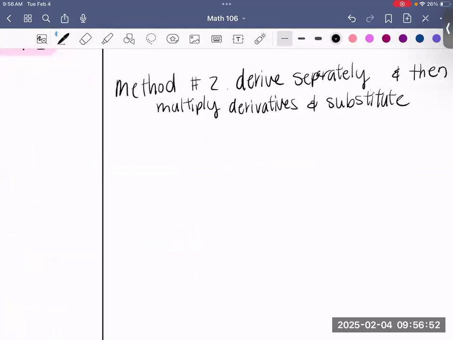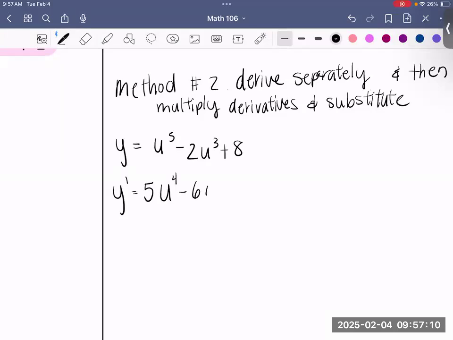So what that's going to look like is we know that y is equal to u to the fifth minus 2u to the third plus 8. So derive it separately. Go ahead and derive. We have 5u to the fourth minus 6u squared plus 0.